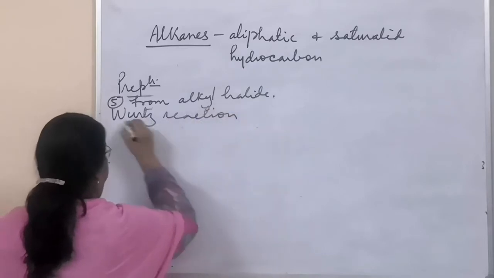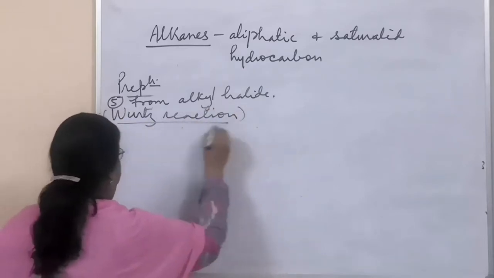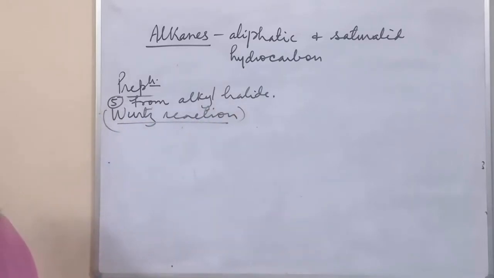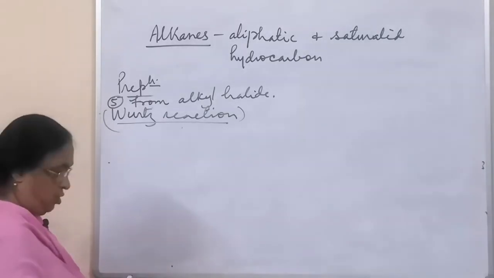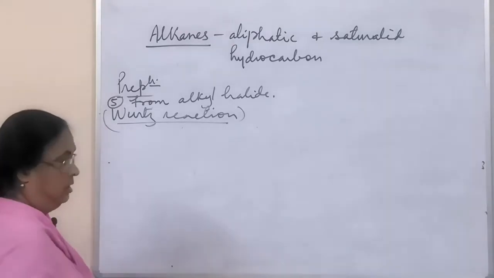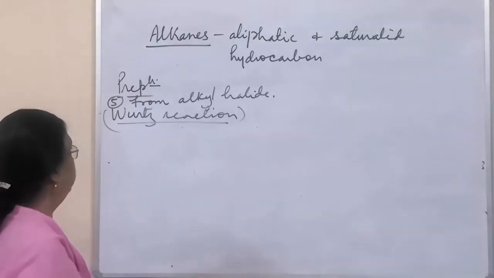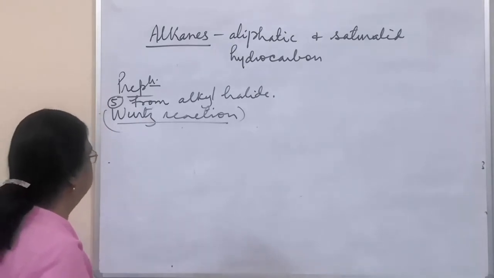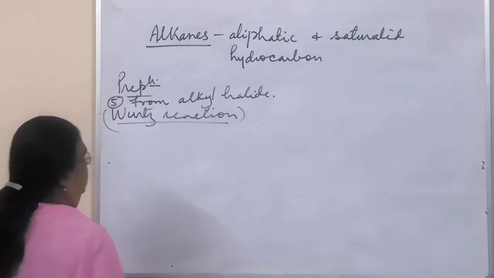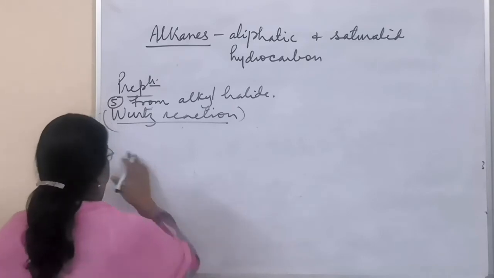Name reactions are very important, students. This reaction is very important because it is a name reaction. Name reactions are asked directly as short notes or direct conversion, or to identify different reactions in multiple choice. This is asked in different ways, even fill up the blank, correct the statement.